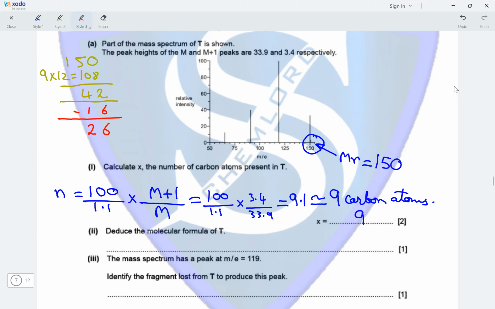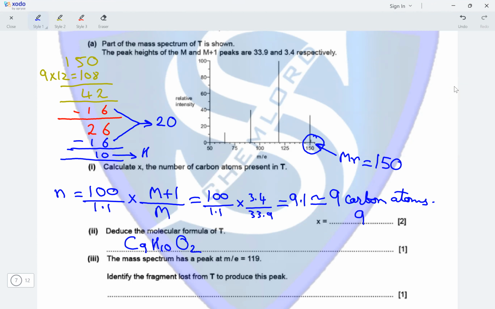We removed one oxygen atom, and from 26 we will remove another oxygen atom. We are left with 10. We cannot remove another oxygen atom, so the 10 has to be hydrogen, which means in total we removed two oxygen atoms. So the molecular formula of this compound has to be C9H10O2.